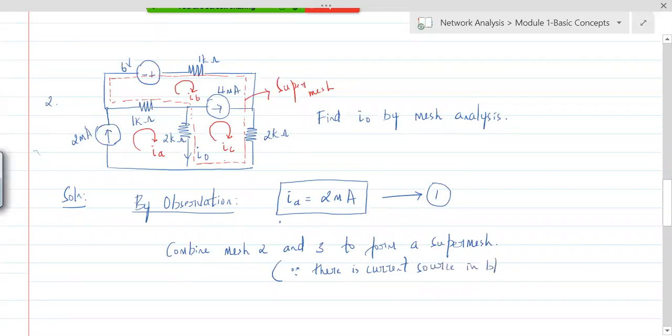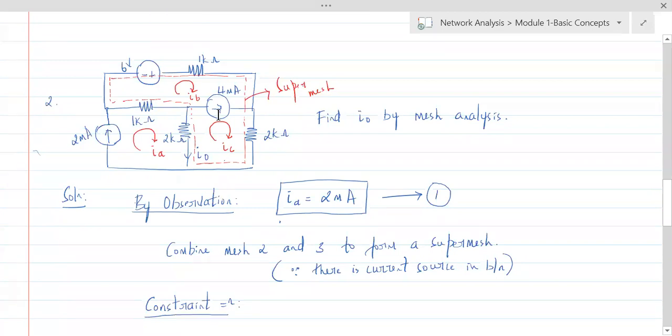Whatever is there in the bracket is just for your reference. Okay, so before we go for the KVL to the super mesh, let's write the constraint equation. So how does the constraint equation look now? By observation we have got IA is 2 milliamperes. Since it is a super mesh problem, type 3, we shall write the constraint equation. What is that constraint equation? Just look at this.